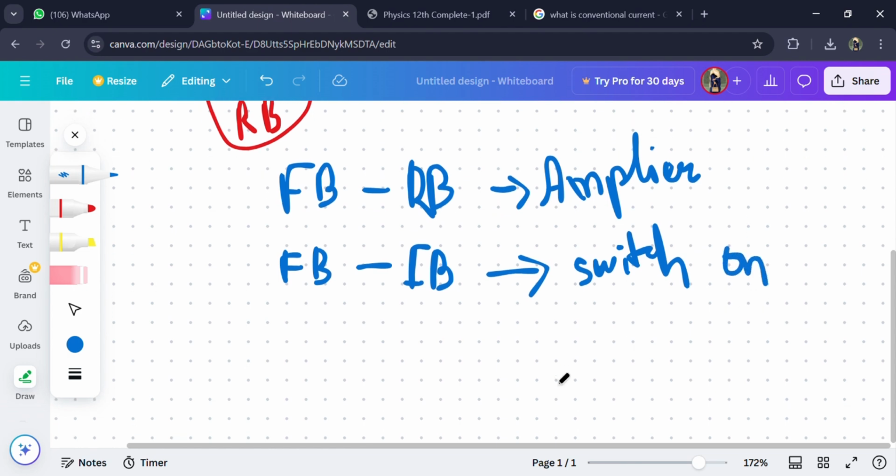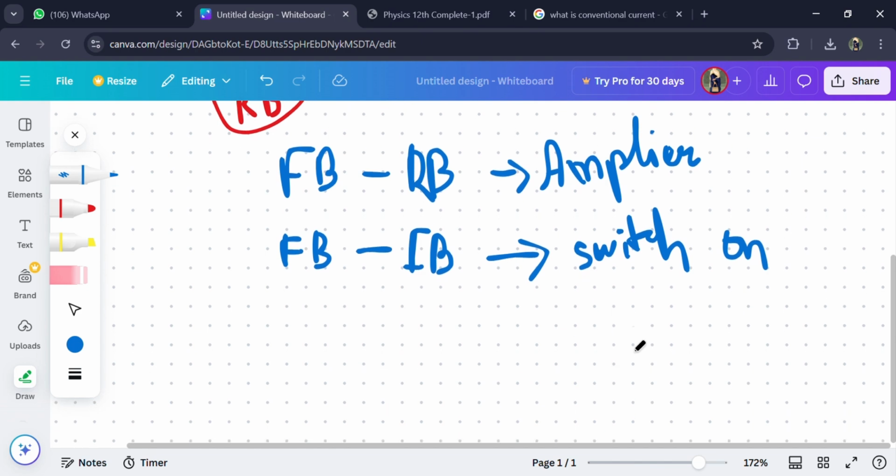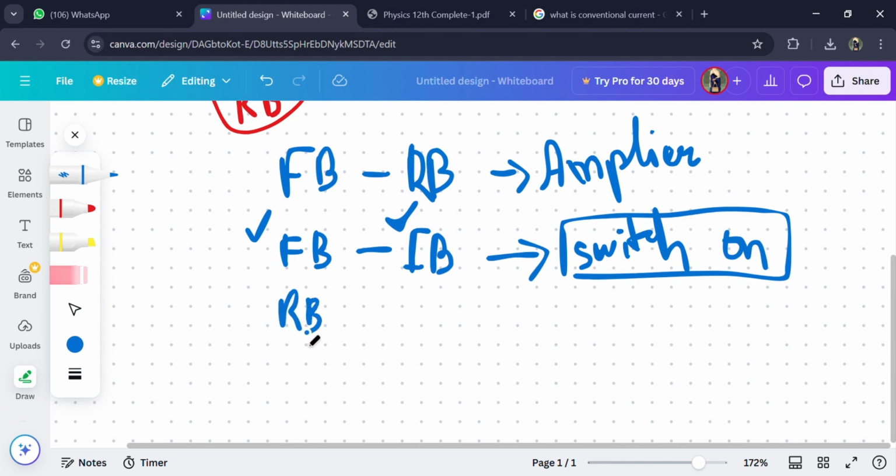I told you in my previous lecture that a transistor can work as a switch as well. So if forward biasing is going on in both junctions, it works as a switch that is on. Just the opposite, if both junctions have reverse biasing, it works as a switch that is off.